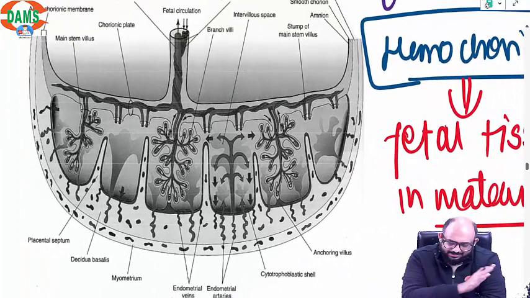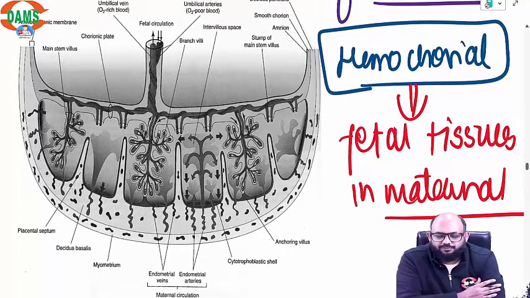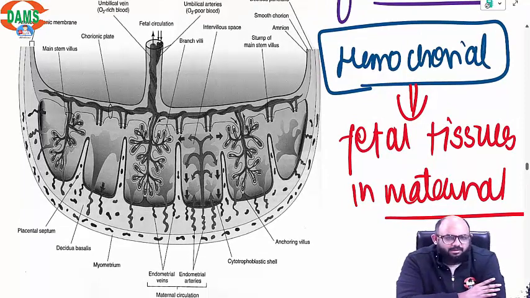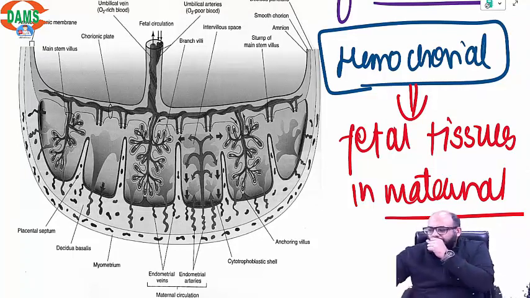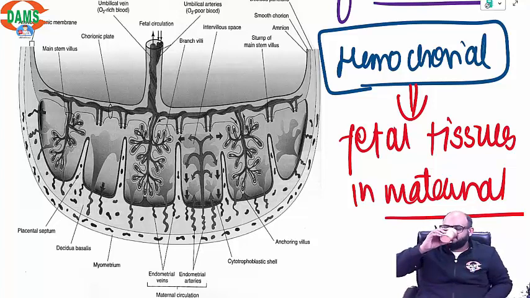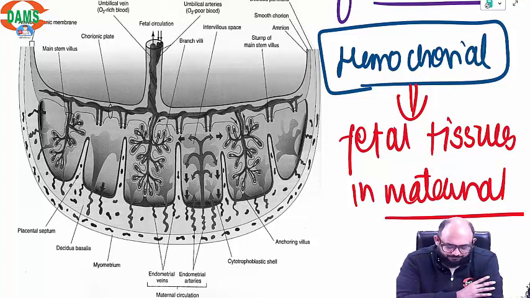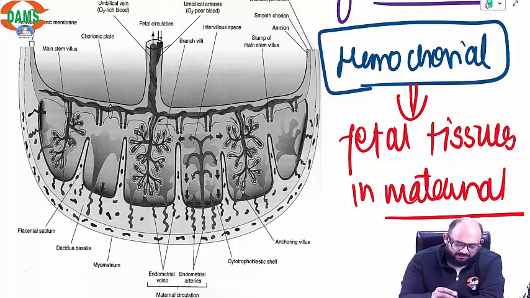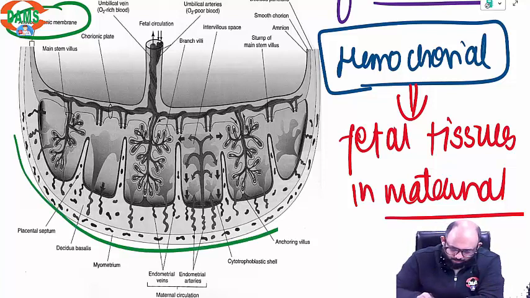If you look at this, this is a complete labeled image of a placenta. Nobody is going to ask you to label this image. This is the amniochorionic membrane. This is the uterus. From the uterus, there are spiral arteries which are getting embedded.